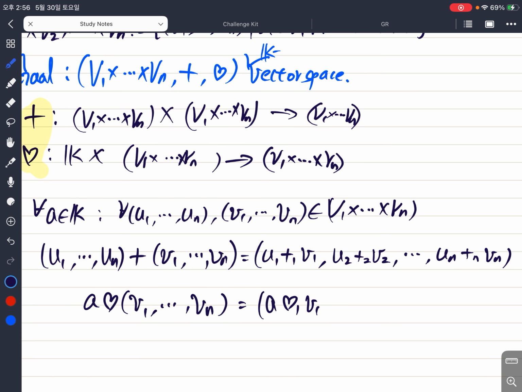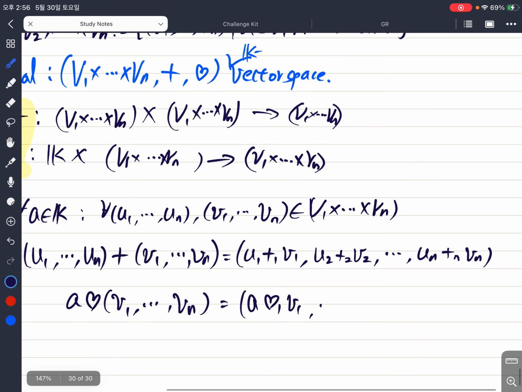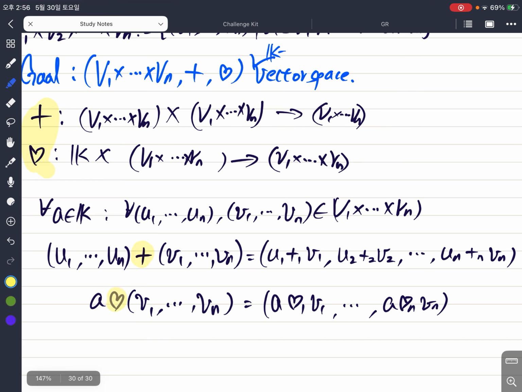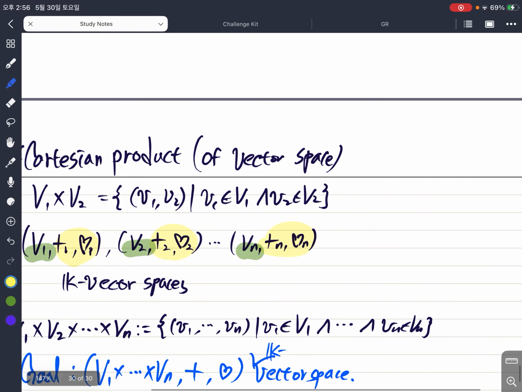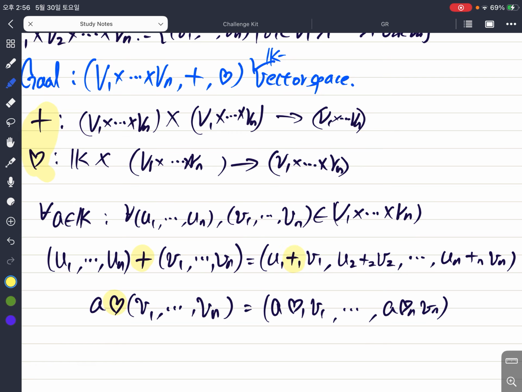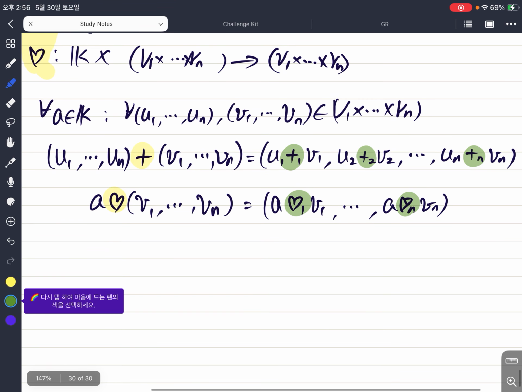Because recall that we want these to come from the given vector spaces: from these given ones we want the scalar multiplication and addition to be uniquely, unambiguously well defined, and this is what we have.